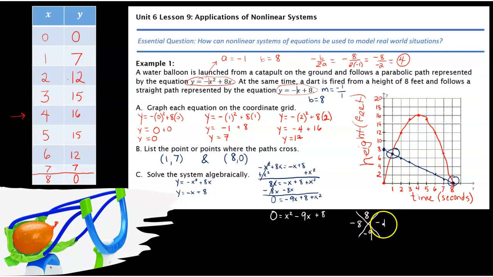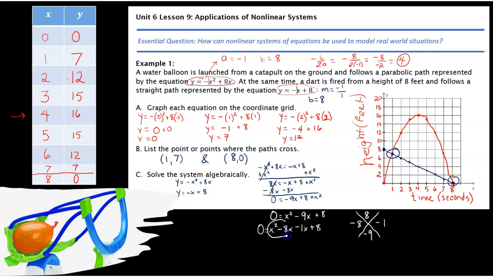Negative 8 times negative 1 gives us positive 8, and negative 8 plus negative 1 gives us negative 9. So then this becomes 0 equals x squared minus 8x minus 1x plus 8.